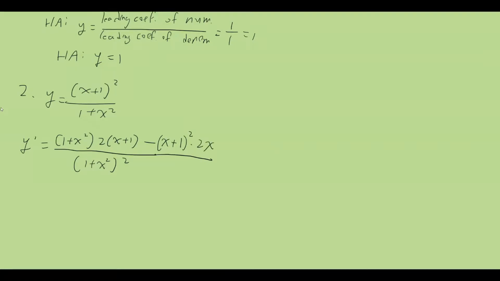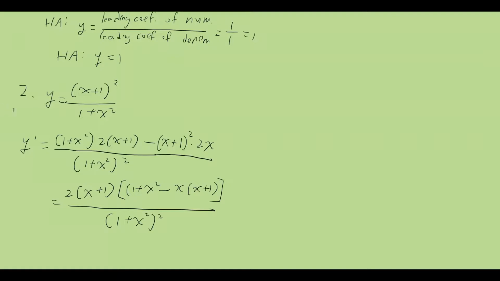Okay, so let's clean this up a little bit. I'm going to factor out 2 times (x + 1). And let's see what we have: the 1 + x² minus x times (x + 1), all over (1 + x²)². Let's clean this up.